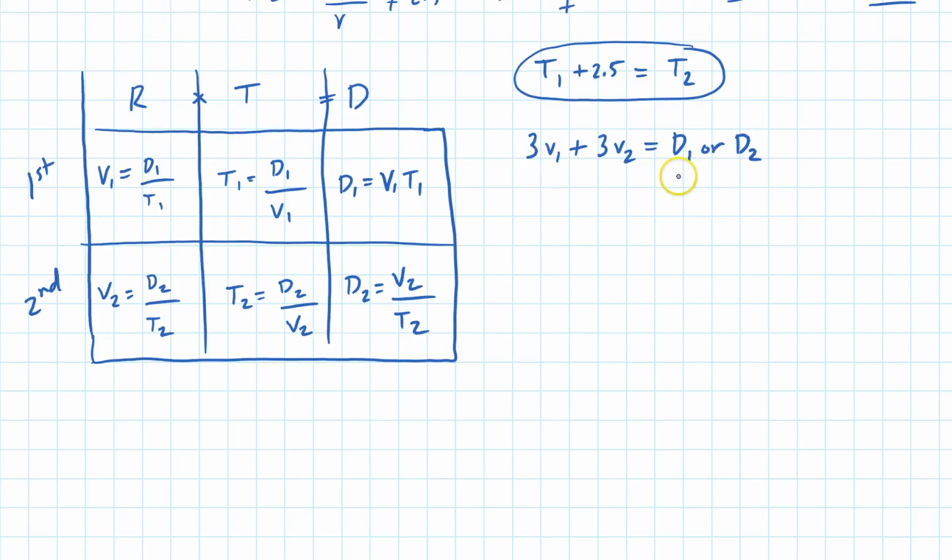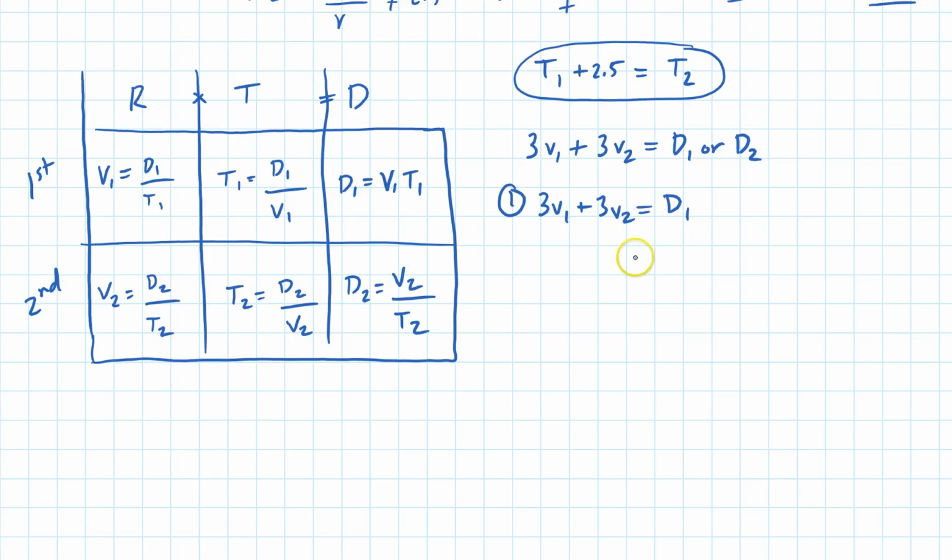And then from here, I came up with my two equations that I'm going to use to solve this problem. So first, I used 3 times v1 plus 3 times v2 equals d1.